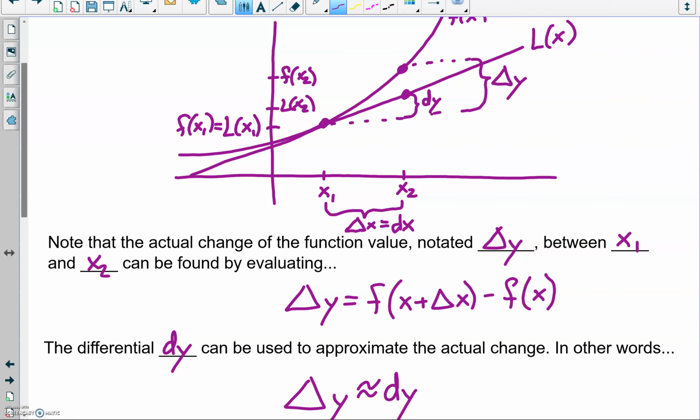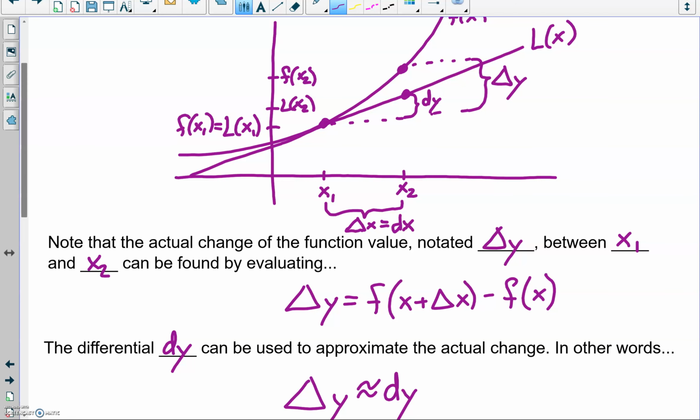And if you think of that line as having a slope given by f prime of x, then the change in the y, the differential dy, could be found by just multiplying the slope by the change in x. This goes back to algebra. So for example, if your slope was 1/3 of that tangent line, you had a change in x of 7, the change in y over that span would be 7/3, 1/3 times 7.